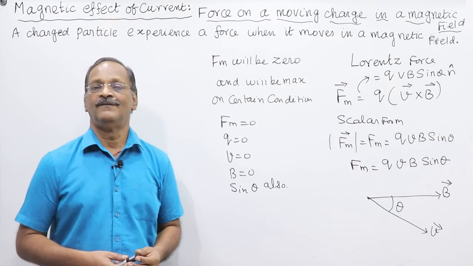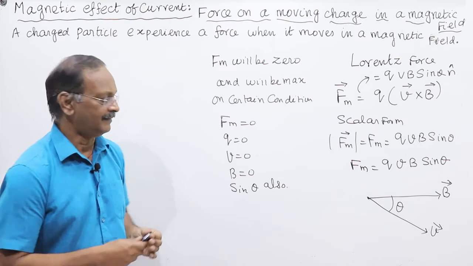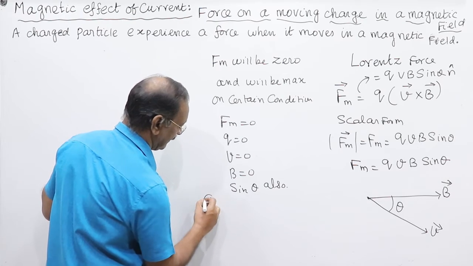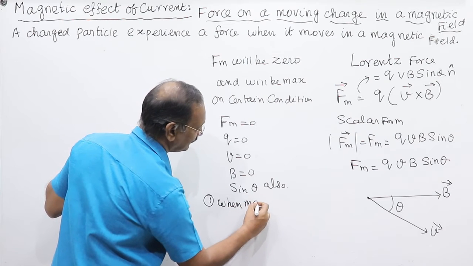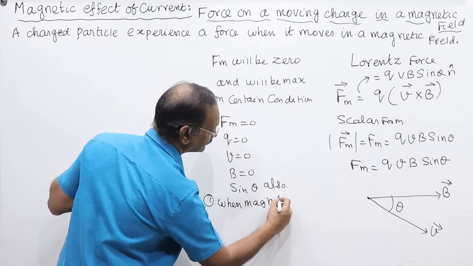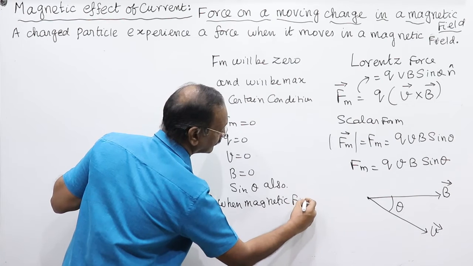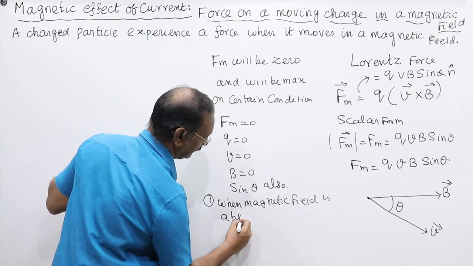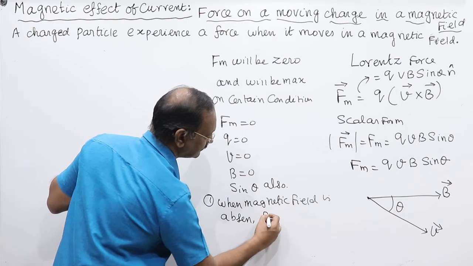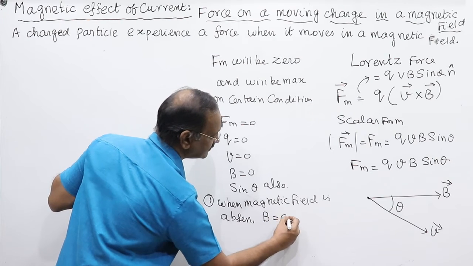Now let us see first when the magnetic field is absent. Magnetic field is absent means B is 0.